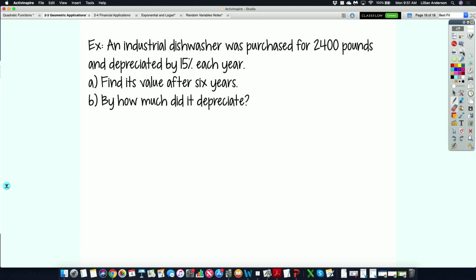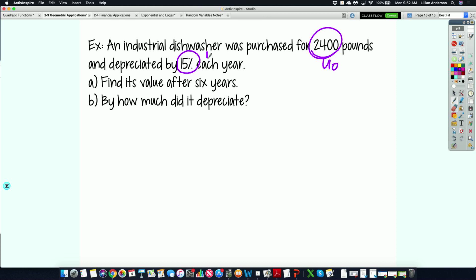So here we go. An industrial dishwasher was purchased for 2,400 pounds and depreciated by 15% each year. If it's a depreciation, that means that the worth of this dishwasher is going down as a decrease, which means that in our formula, we're not going to use 1 plus, we're going to use the subtraction. 2,400 pounds represents the initial amount of money that the dishwasher was worth.